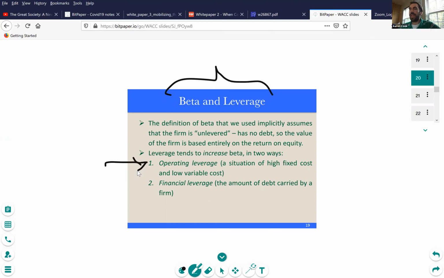So by having high fixed costs, you actually subject yourself to more volatility. If more of your money is sunk in a particular investment, if a lot of your expenses are fixed and not depending on how much you sell, that exposes you to a little bit more risk.